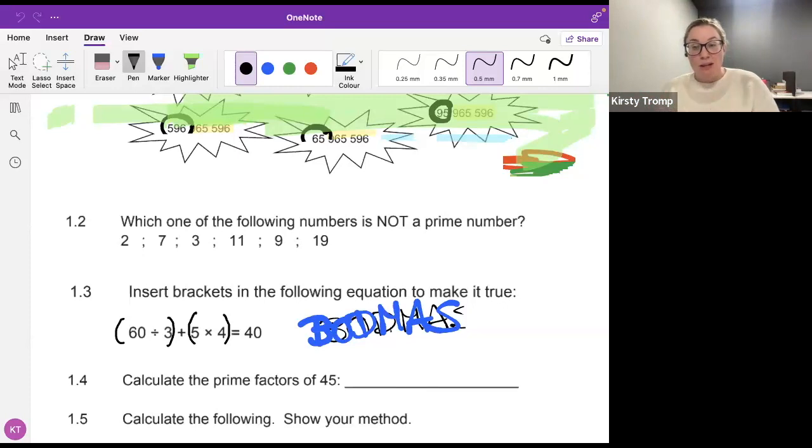So if we're looking at the prime factors of 45, we're looking at what goes into 45. I want you to try and work on those for us.